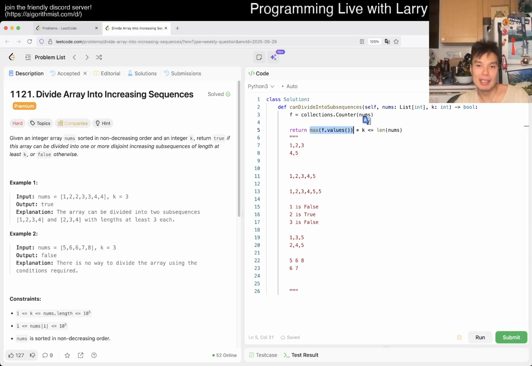And the reason why, you know, max of the f values means that the most frequent element, for example, if you have a number that appears 10 times, that means you need at least 10 subsequences, right? That's basically all this part is saying. And each one of these has to be at least length k.